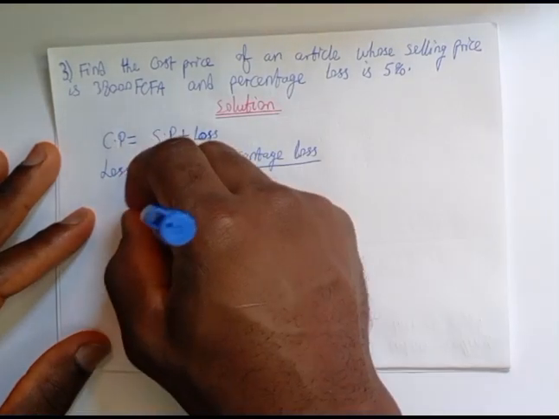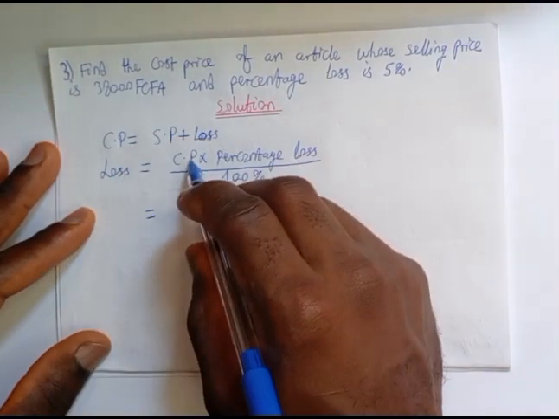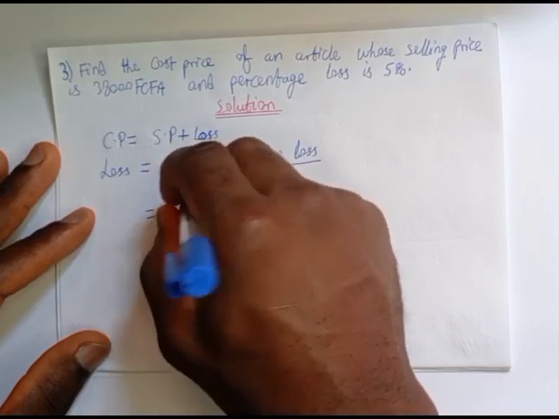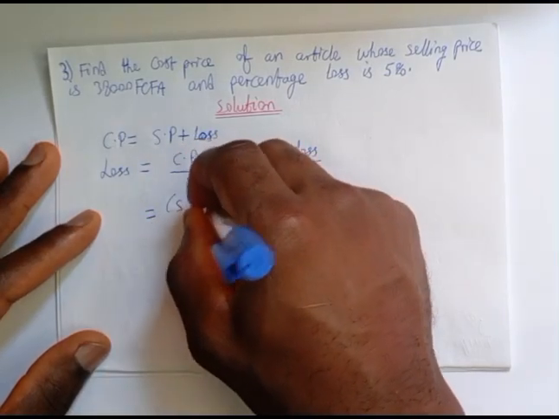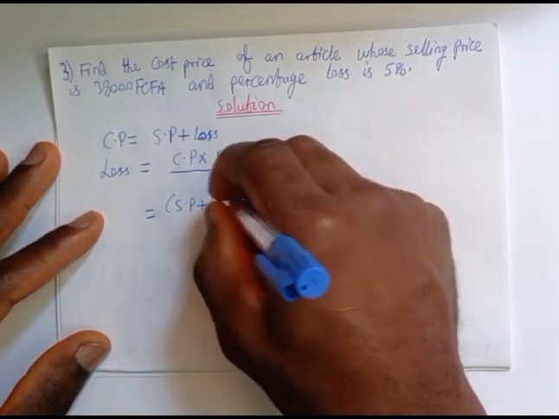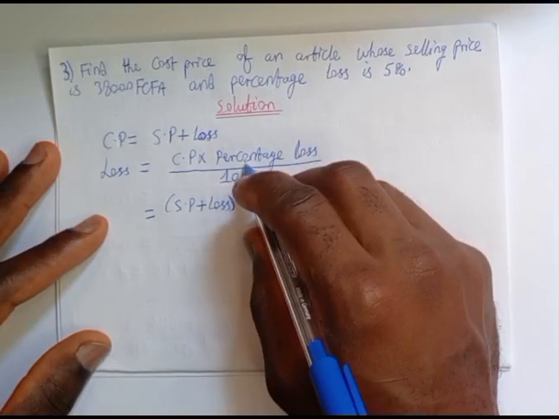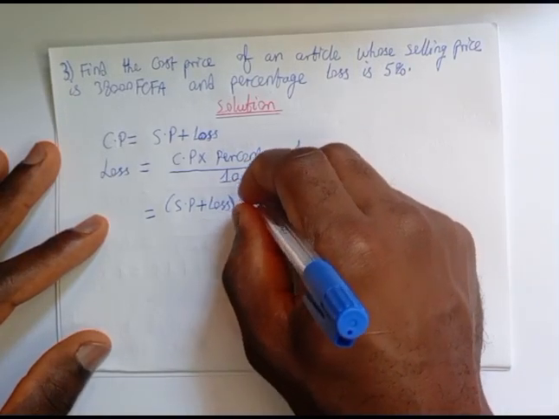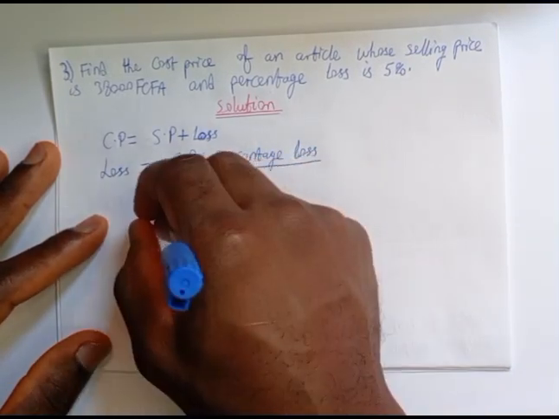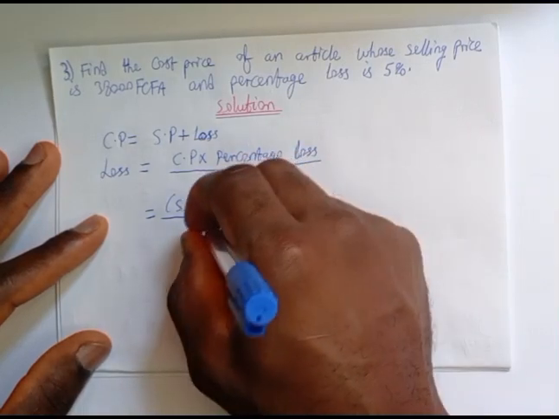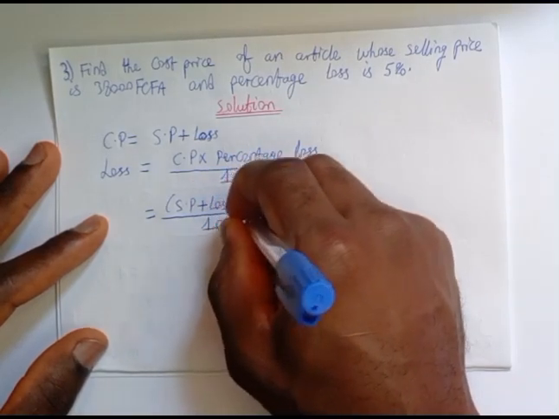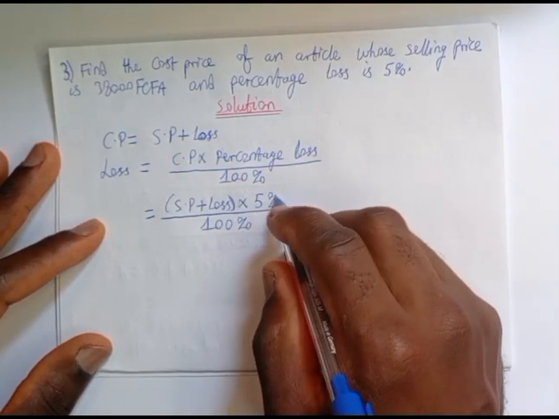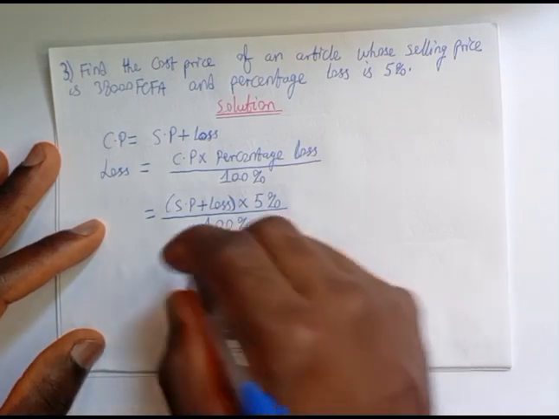We are going to replace cost price with selling price plus loss, times the percentage loss. The percentage loss is 5%. Then we divide by 100%. 5% will go into 100% 20 times.